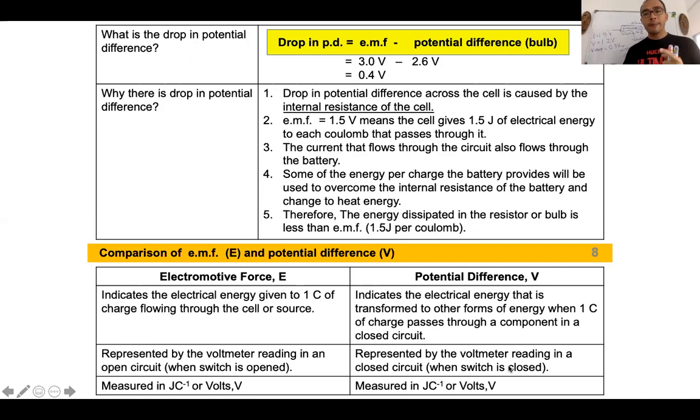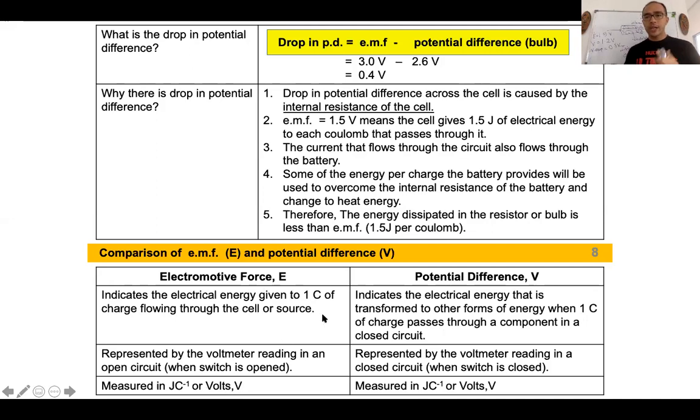Which is why, ladies and gentlemen, I want you to stop using the word voltage. Because there's a difference now, you know. Which voltage are you talking about? Are you talking about the electromotive force or are you talking about potential difference? That's why I prefer you use the word potential difference rather than voltage, because voltage can refer to electromotive force, voltage can refer to potential difference. The unit is the same, the unit is volts.